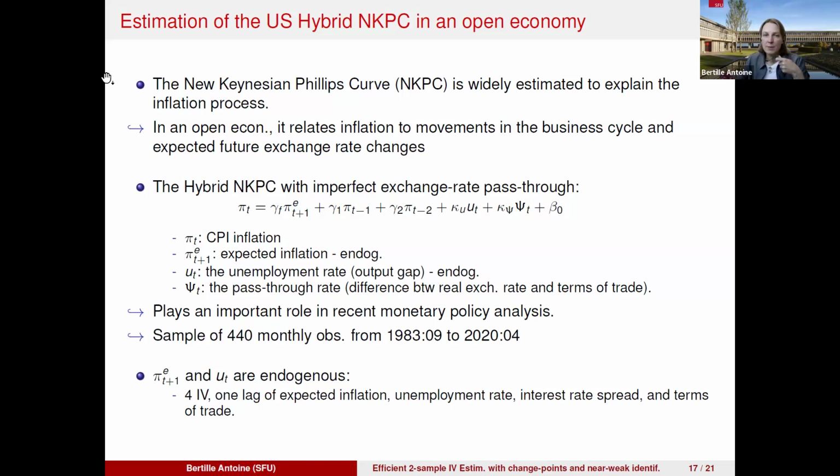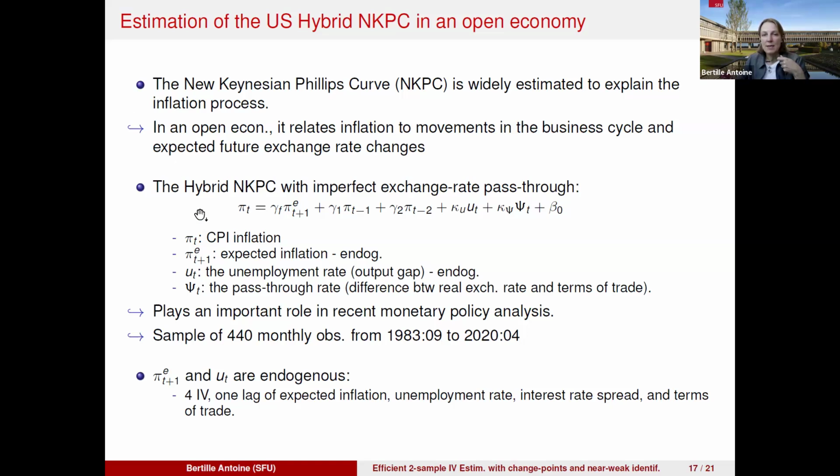The New Keynesian Phillips curve is actually quite well known and estimated to model the dynamics of the inflation process. Here we are focusing on its open economy version, and what that means is that it's going to relate inflation to movements in the business cycle, as well as expected future exchange rate changes.